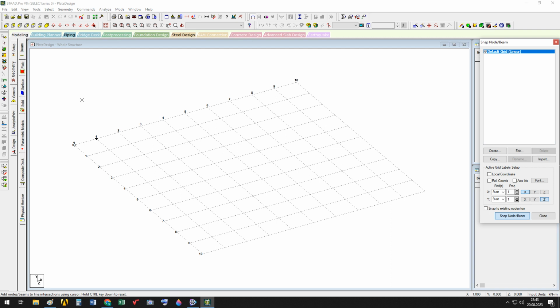As a result, I want to draw beams. Now let's draw our beams. 5 meters, 3 meters. Finished. Beams are drawn.